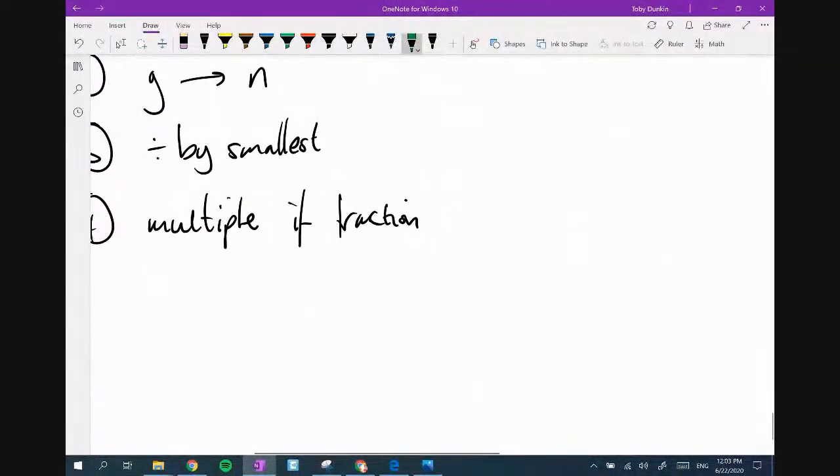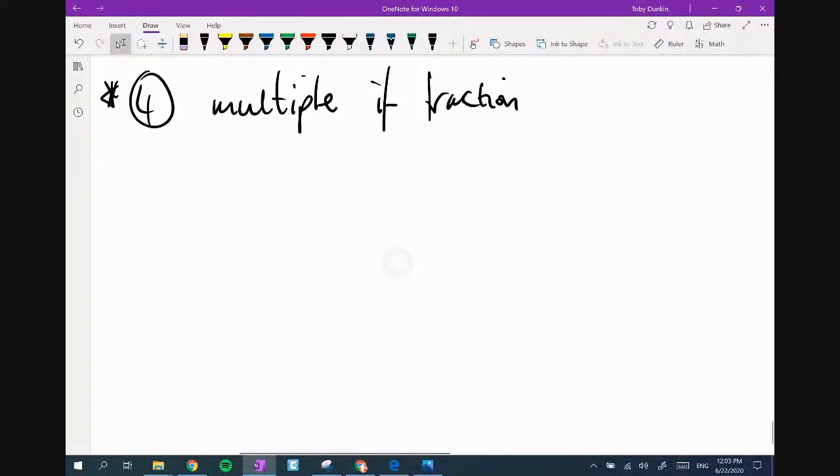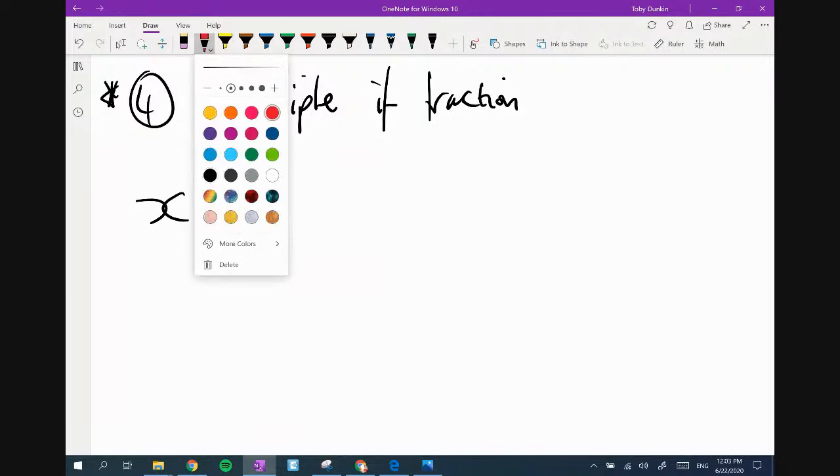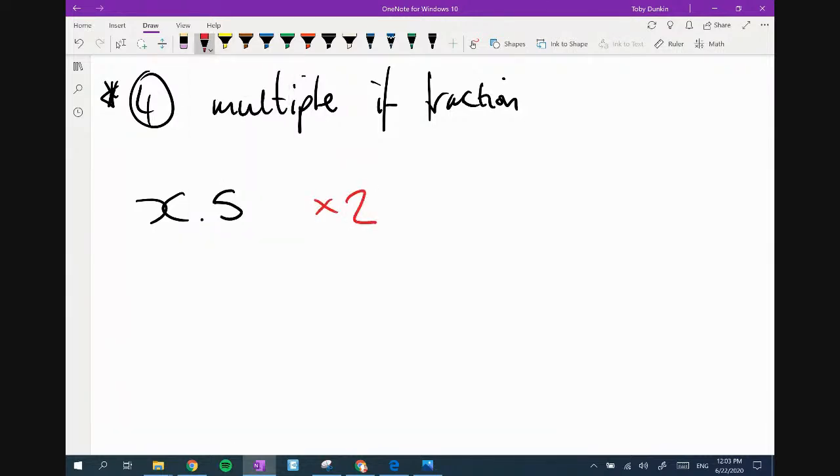And these are the rules you get for A level. If you get x 0.5, then what you do is you double it, times by 2. And what that will do is give you a whole number.